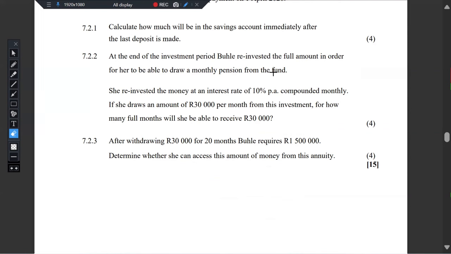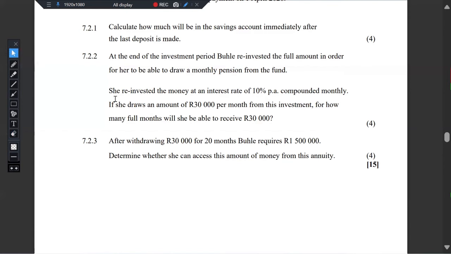We are dealing with a present value problem, because now the annuity is decreasing. Remember, if the annuity is increasing, appreciating, that's future value. But if we are now drawing from that annuity, then that's a present value, because the money is already there, and the money is now being withdrawn in monthly installments, right?